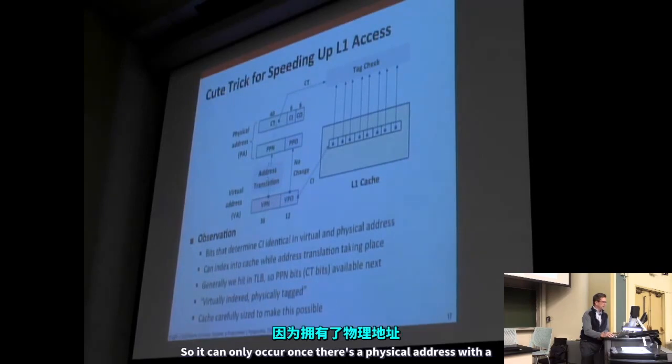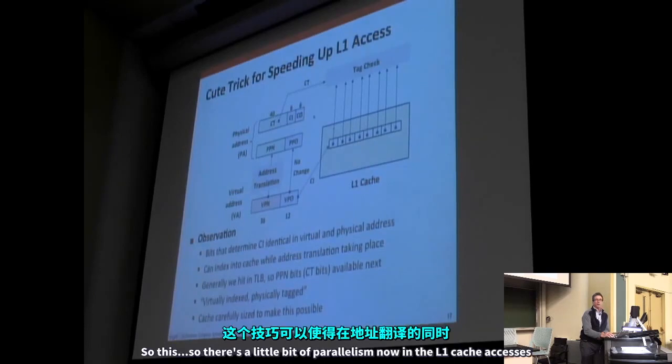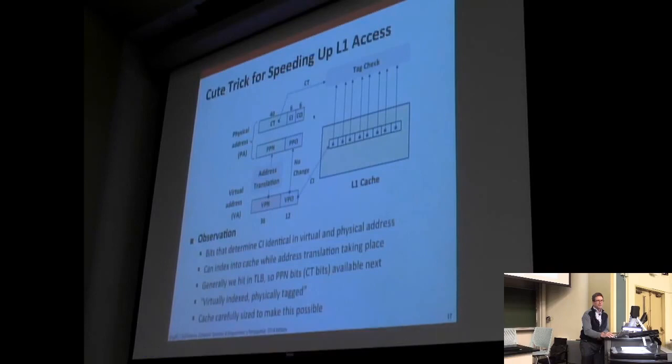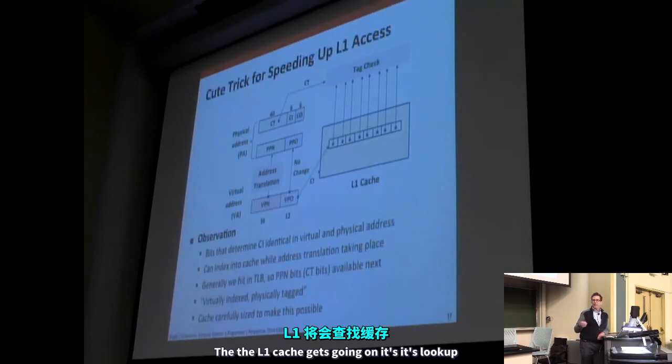So it can only occur once there's a physical address from which we can extract the cache tag. So there's a little bit of parallelism now in the L1 cache accesses. The MMU can be doing address translation while the L1 cache gets going on its lookup.